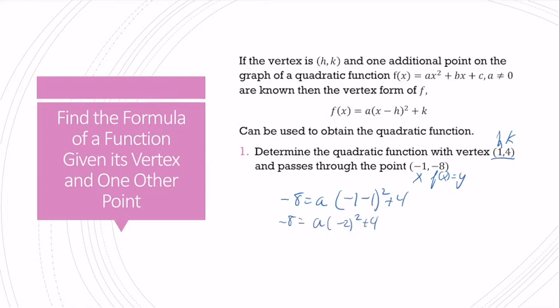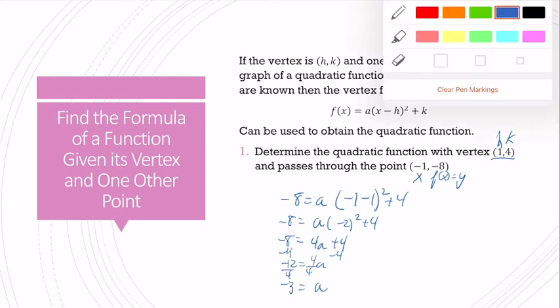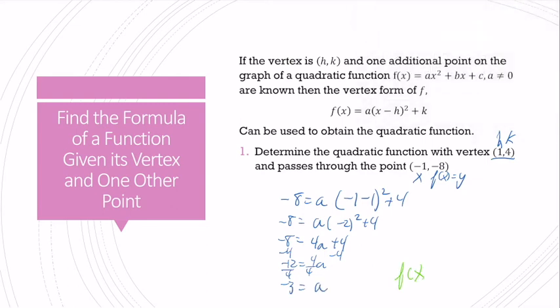So negative 8 is 4a plus 4. Subtract 4 from both sides. Negative 12 equals 4a. So I divide by 4 and see that negative 3 equals a. So my new function is f of x equals negative 3 times x minus 1 squared plus 4. We solve for our a and substitute in our h and our k.